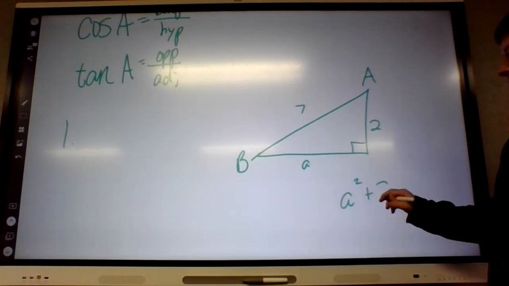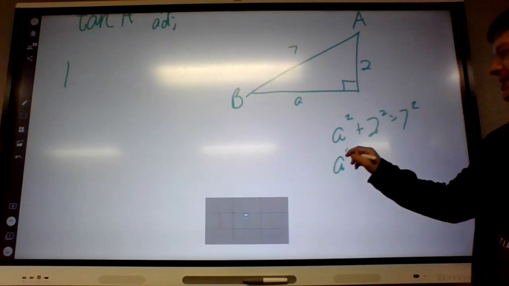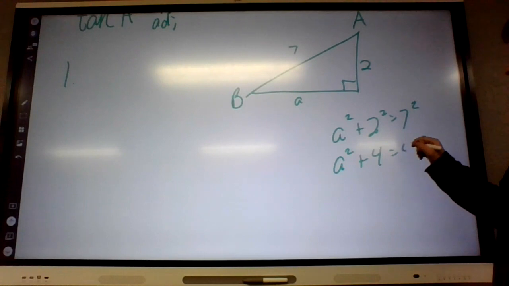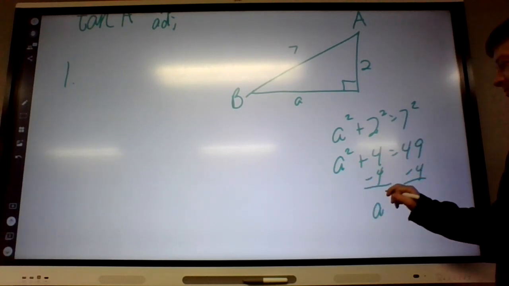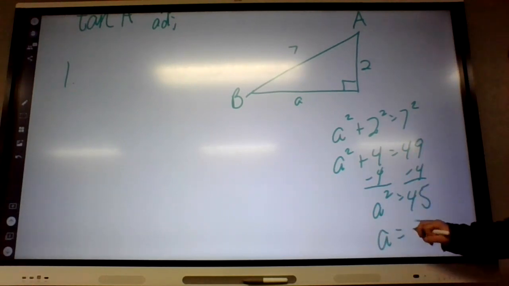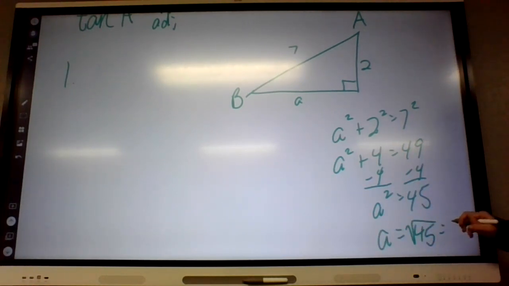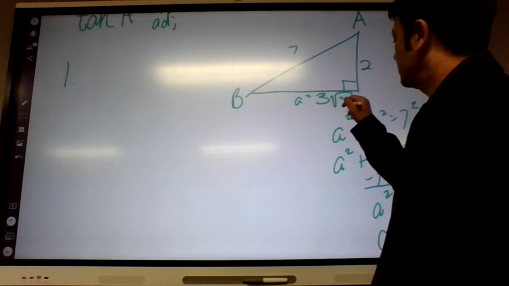A squared plus 2 squared equals 7 squared. So, 2 squared is 4, 7 squared is 49. So A is the square root of 45, which is 3 square root of 5.